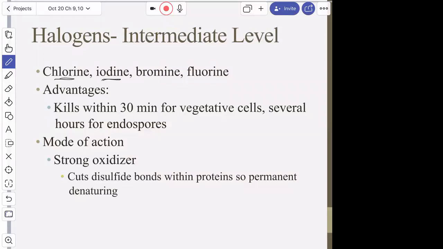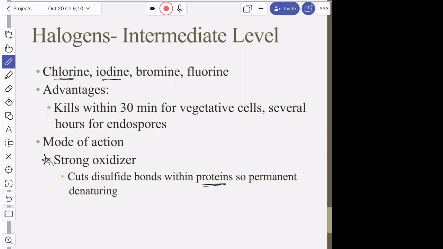Remember, the halogens have an outer shell that's almost full, so they like to grab electrons to fill up that outer shell. So they're very reactive, and they're considered strong oxidizers, right? They're grabbing electrons from other molecules to fill up their outer shell, causing a lot of cell damage, especially denaturing of proteins.